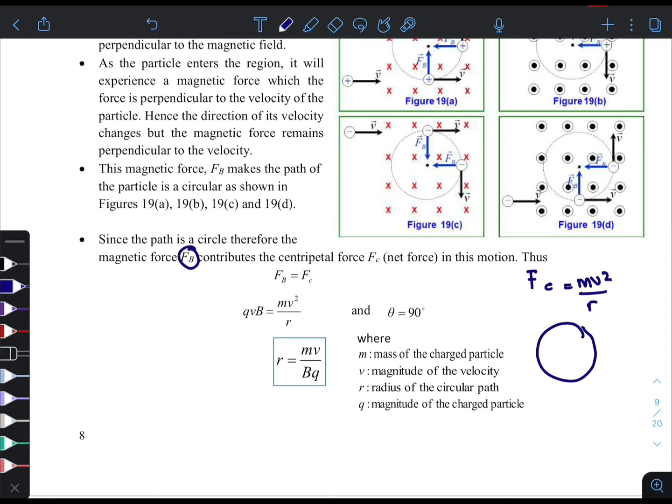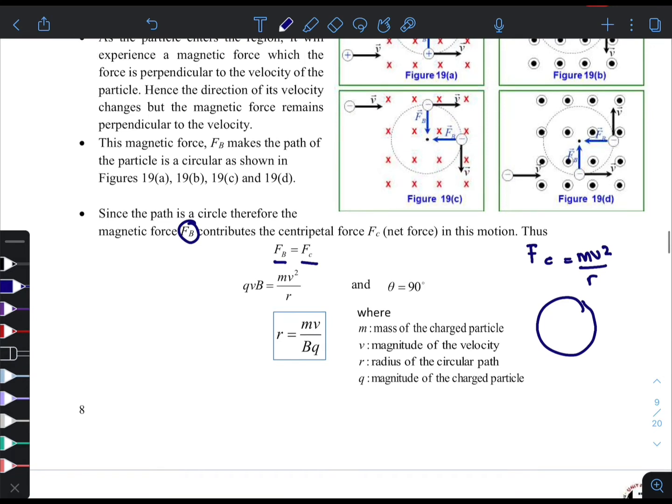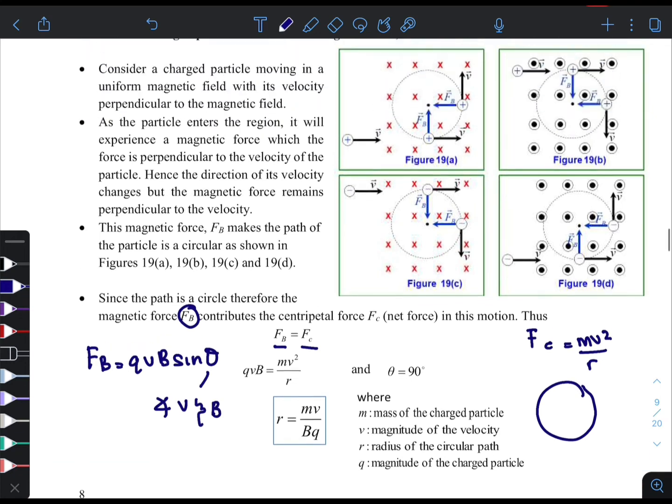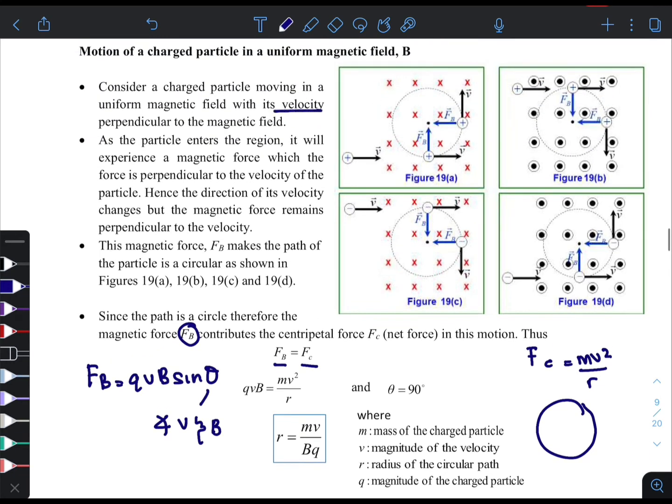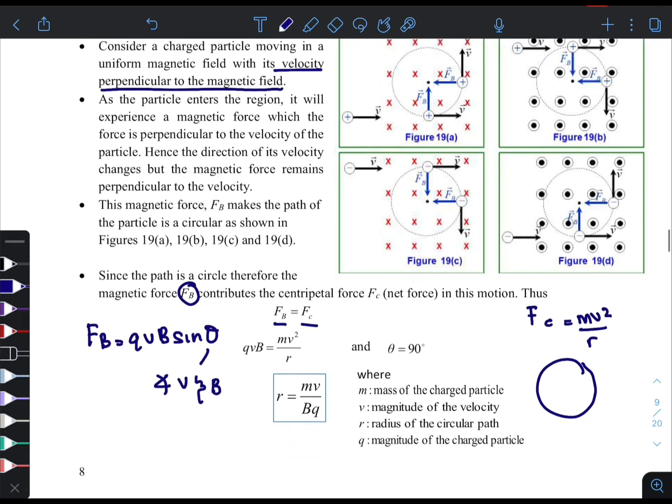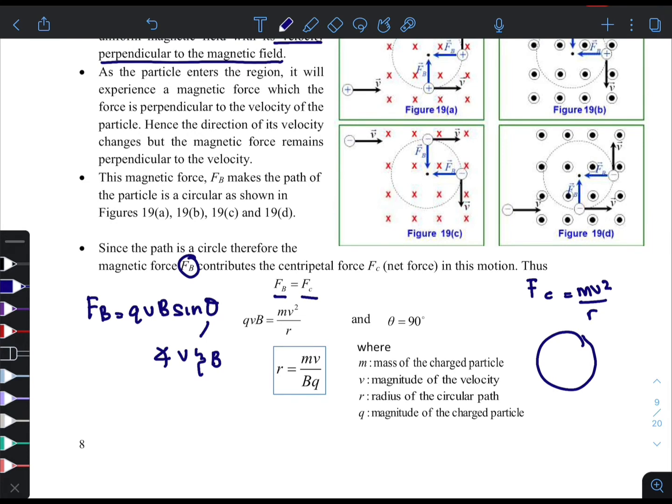So we can equate the magnetic force to FC, where the magnetic force is qvB sine theta, and theta here is the angle between v and B. As we have mentioned here, the velocity and the magnetic field are perpendicular, and sine 90 is 1. So our FB is just qvB. And we equate it to FC, which is mv squared over r.